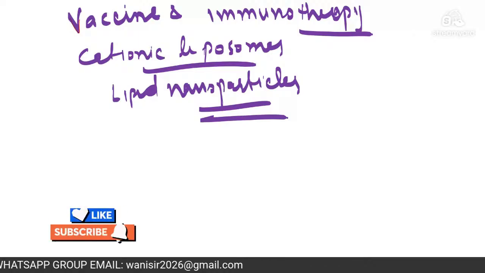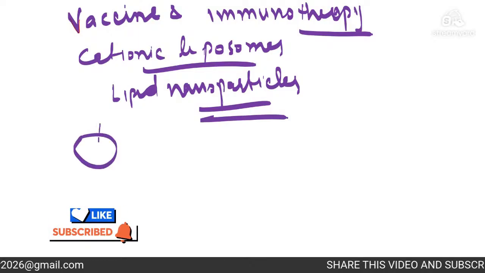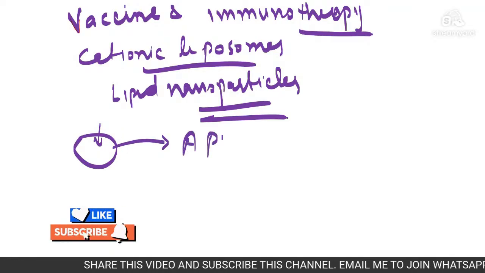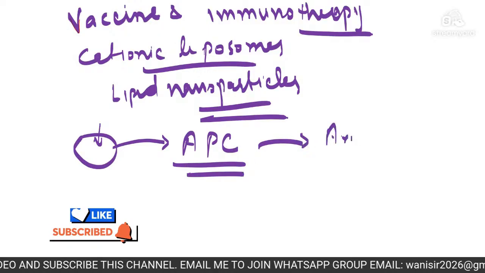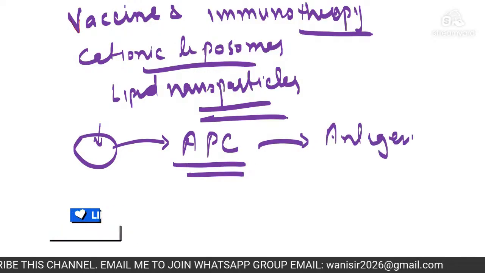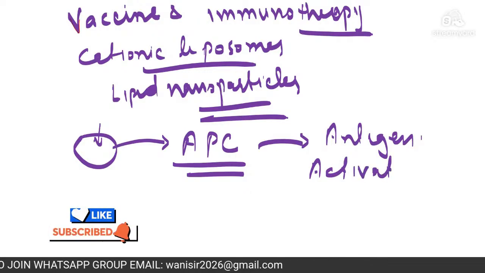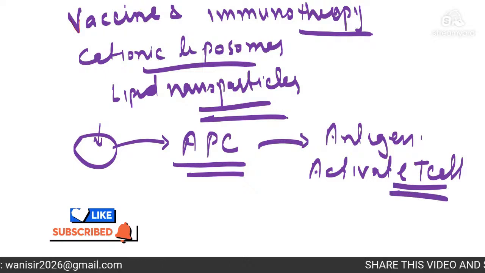I will explain. When these are injected into the human body, these complexes are taken up by antigen presenting cells, which express the antigen and activate the T cell. They tell the T cell, oh, get up, there is an enemy.